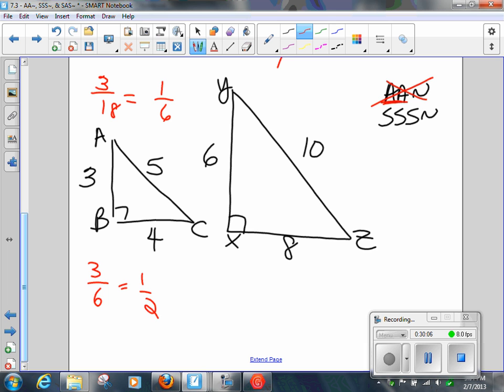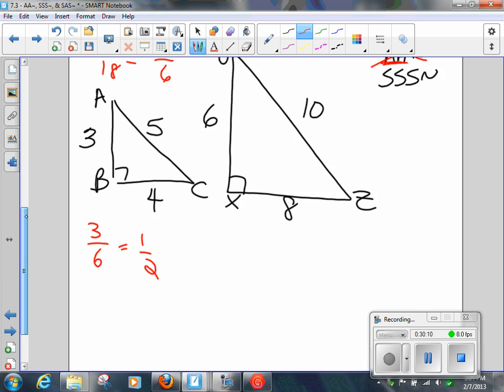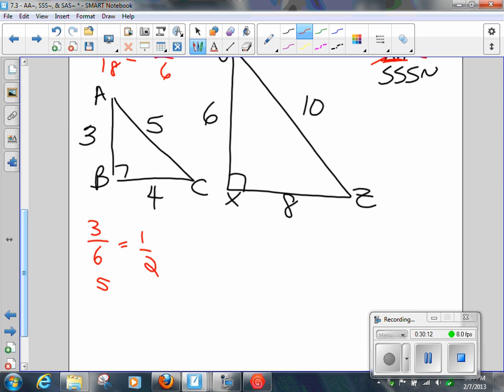Let's check the other one. 5 corresponds to what? 10, which is 1/2. Do I have to keep the little number on top for this last ratio? Yeah, I do. Why? Because I've got to keep them in the same order.